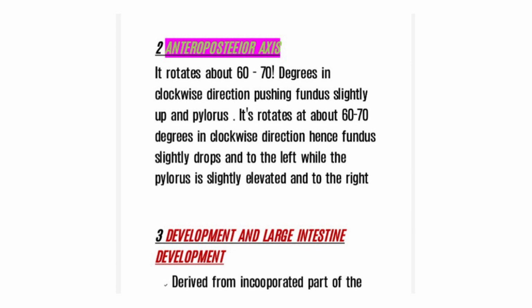The effect of this 60 to 70 degrees anterior-posterior rotation is that it will push the fundus slightly downwards, and the pylorus slightly upwards. I think that's the only effect of this anterior-posterior axis rotation.